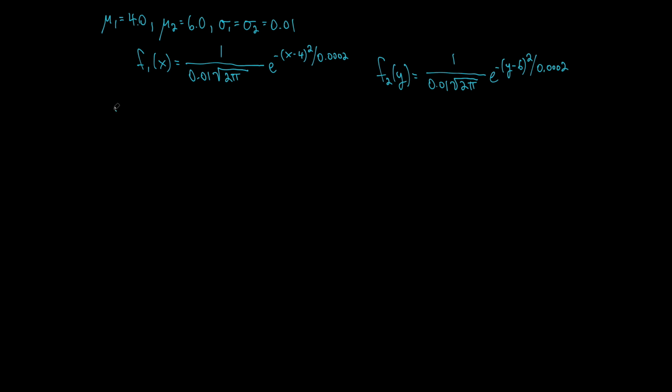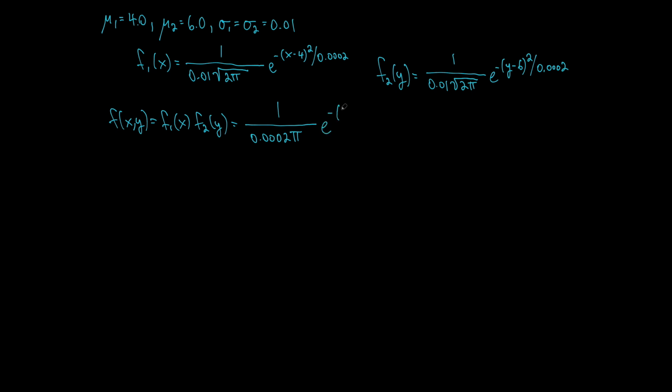So we get our joint density function, f of xy, by multiplying these because they're independent. So it's f1 of x times f2 of y. So that's 1 over 0.0002 times pi, because 0.01 times 0.01, and then square root of 2 times square root of 2 is 2, and then square root of pi times square root of pi is pi.